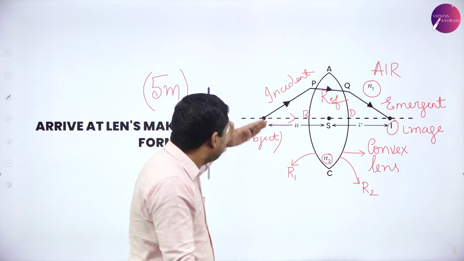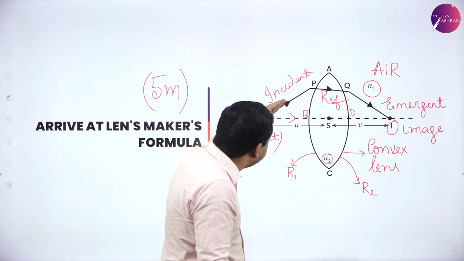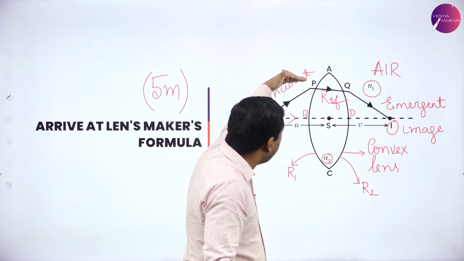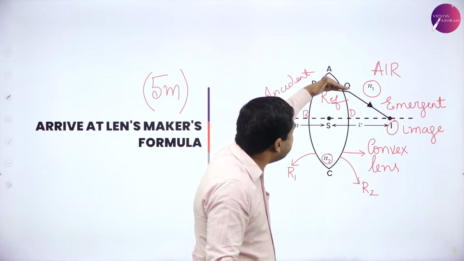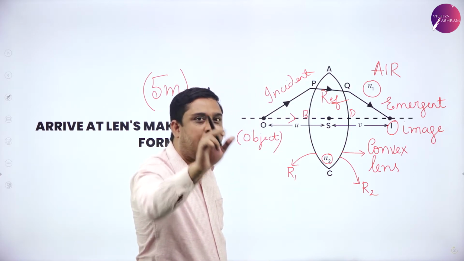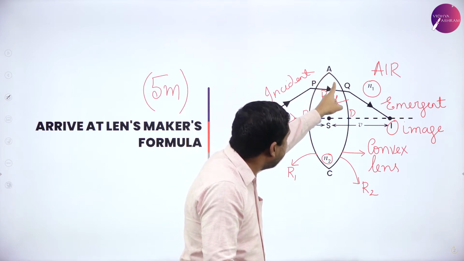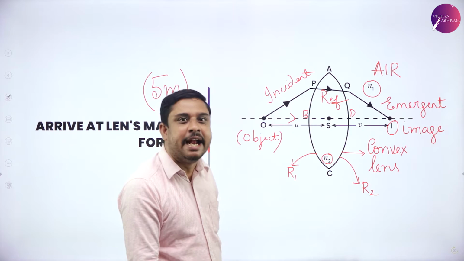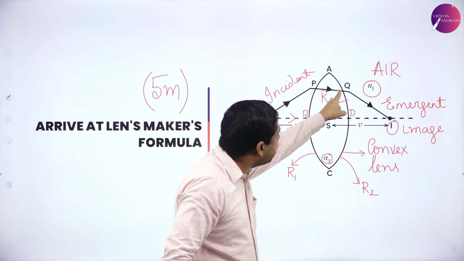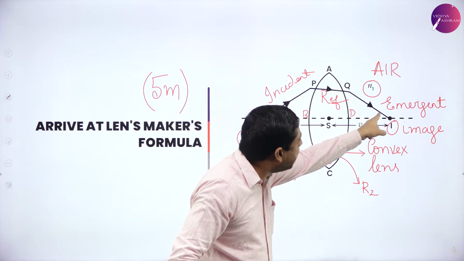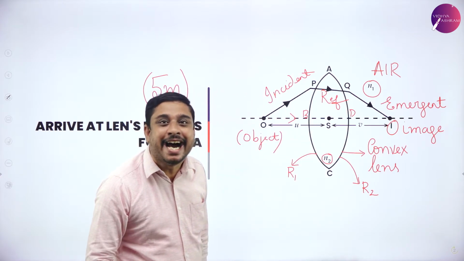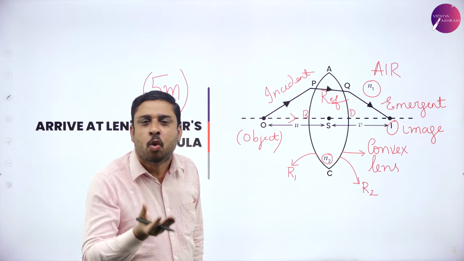Now, OP is the incident ray. Now PQ, observe, ADC is absent. Can the light now bend and can the image be formed at I? No chance. Why?